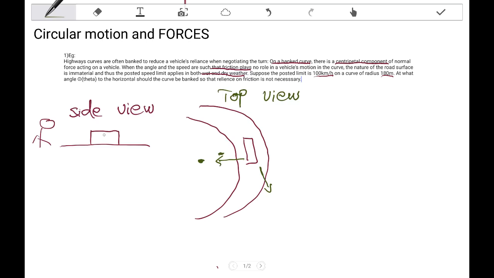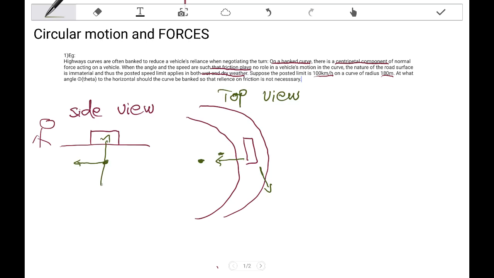So if you draw the free body diagram here, you are going to have something like this. You are going to have a normal force and then the frictional force, which is pulling the car so it does not slip off the road. So the frictional force is going to be in that direction. It's the one that makes a car turn actually.